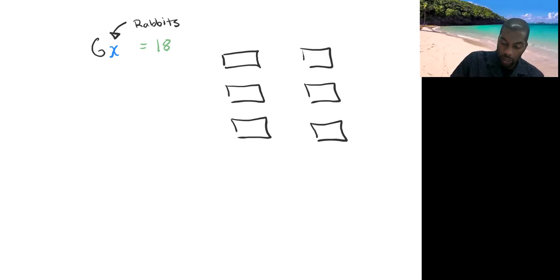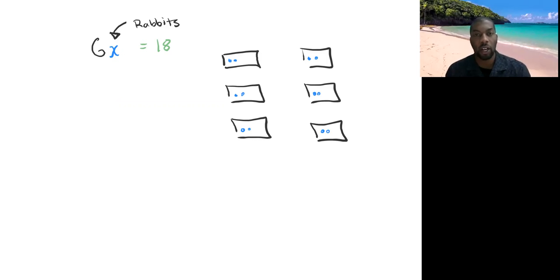So we find out. We go 1, 2, 3, 4, 5, 6. Have we reached 18 yet? No. Keep going. 7, 8, 9, 10, 11, 12. So far, there are 2 rabbits in each box. Have we reached 18? Nope, we're still at 12. 13, 14, 15, 16, 17, 18.